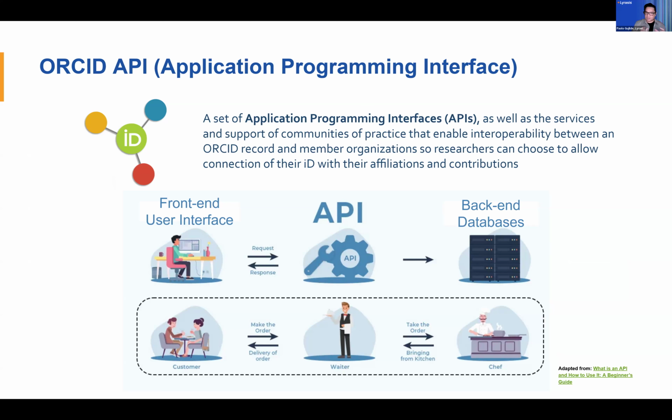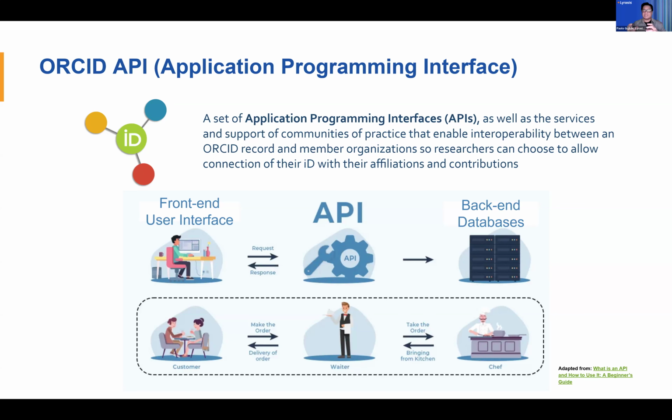And probably a lot of you are already familiar with what an API does and how it works. But if you're not familiar with it, a good analogy of an API is this. Let's say you're a customer at a restaurant and you make an order. You order through the waiter. The waiter here is essentially your API. So you communicate to the waiter what you want as a customer. This is what I want to order. And that waiter will communicate that to the chef.